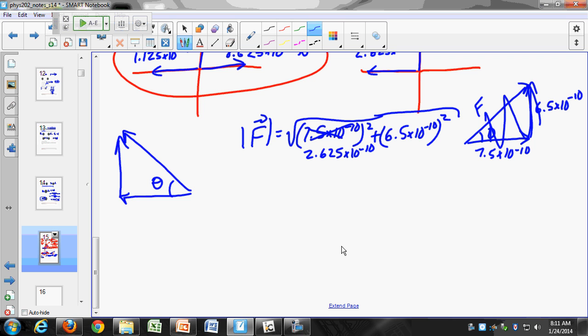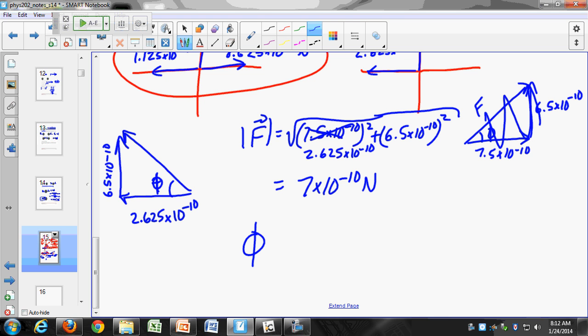I'm looking for this angle phi. All right, so my magnitude comes out to 7 times 10 to the minus 10.